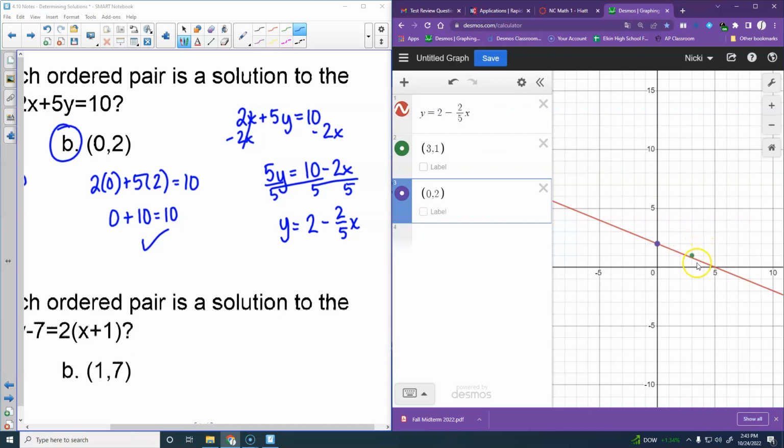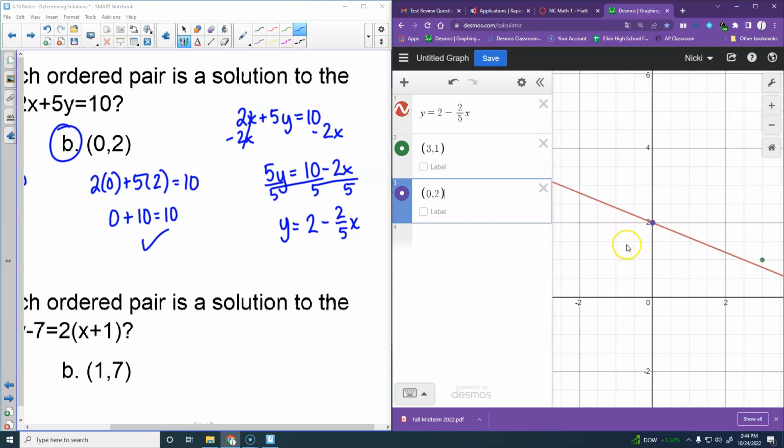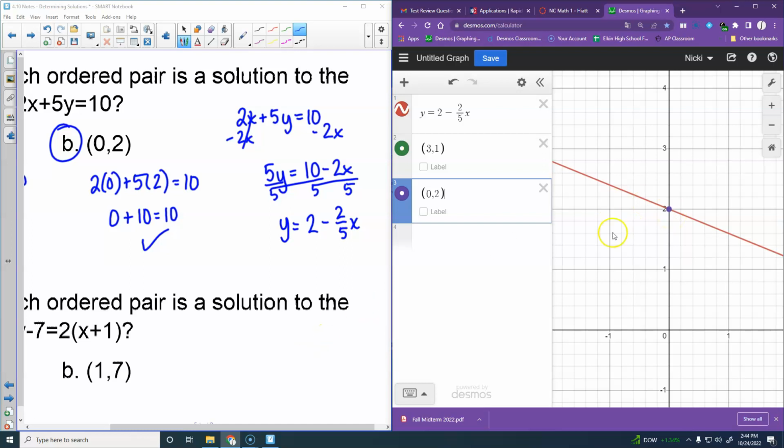You can see 3, 1 almost looks like it's on the graph, but if you zoom in a little bit, it's not actually on the graph, right? But 0, 2, you can see it definitely is there. Okay.